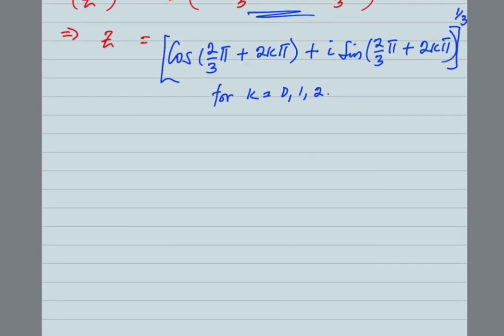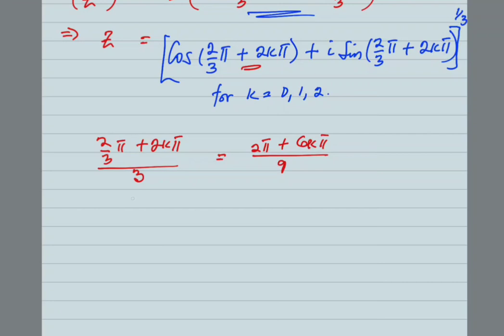Now, let's simplify what is inside here. 2 over 3 pi plus 2k pi, then divide by 3. That would be 2 pi plus 6k pi divided by 9. That would be the simplification.